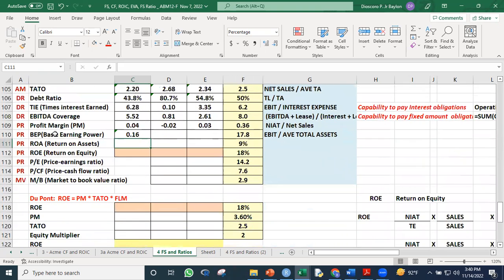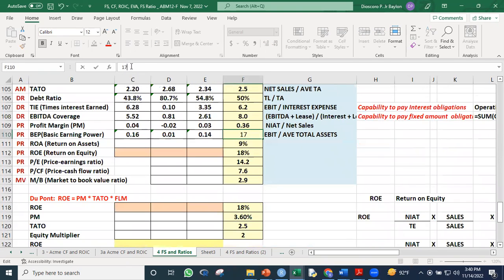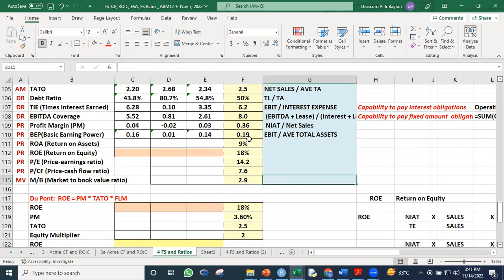Okay. So our basic earning power, okay, ito, class, may mali ito, no? Pakilagay nga na 0.19. There. Sorry for the typographical error.